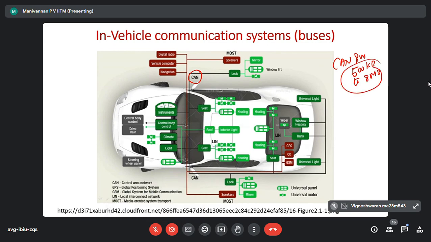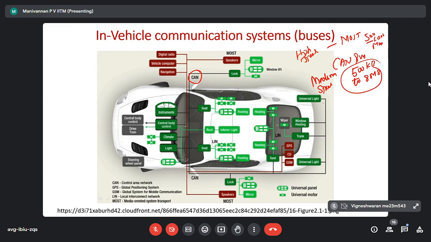This is the speed. The CAN bus data transfer speed is this much only. So this is a medium speed communication system. Okay. MOST is high speed, 500 to 1000 megabits per second.